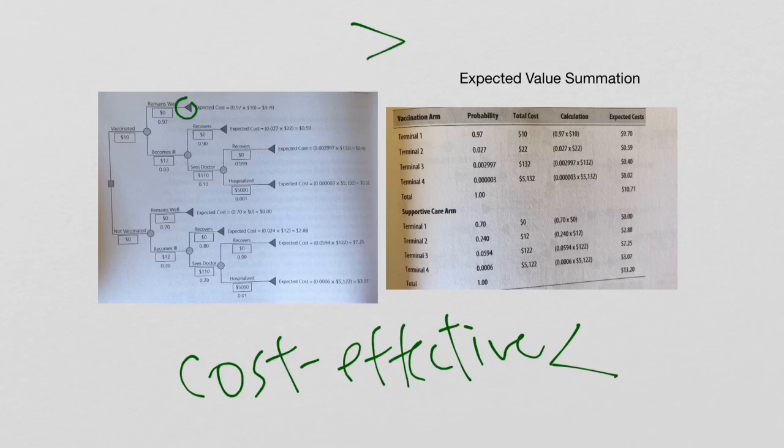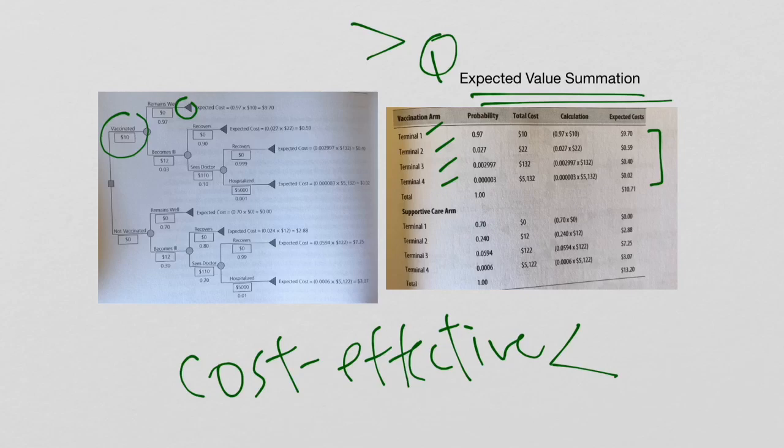So depending upon what you're looking for, the strategies will be based on the decision maker's perspective and what the goals are. The first method to determine which strategy is best is called the expected value summation. Now that you calculated the expected cost for each of the terminal nodes, let's say there are 4 here in the vaccinated strategy, you would put it on a table.